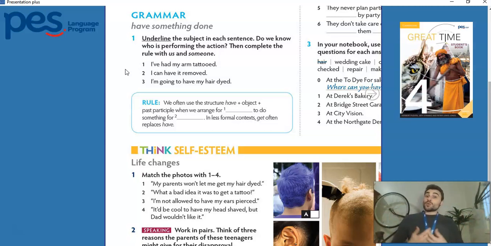In less formal contexts, get, the verb get, often replaces the verb have. Okay? So now again, I want you to pause the video, go back to the sentences, analyze it, and try to complete these two spaces here with the words us or someone. Okay? And then come back here for us to check. Good luck.